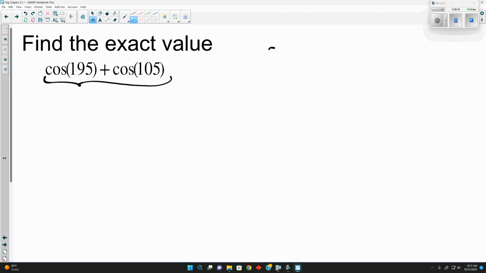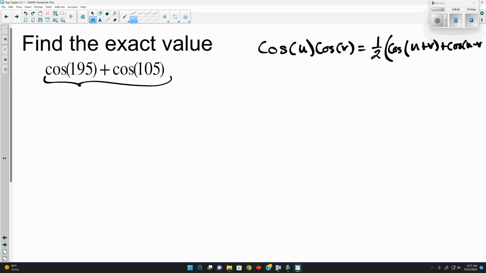So here, cosine of U, cosine of V should equal 1/2 of cosine of U plus V plus cosine of U minus V. That is the formula that we have.